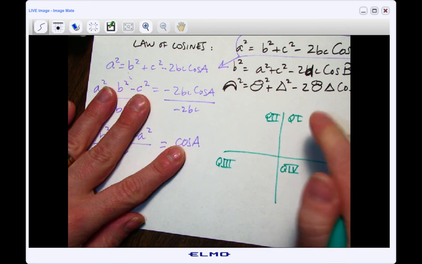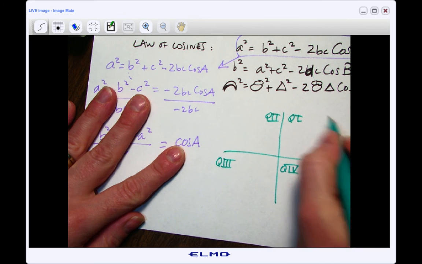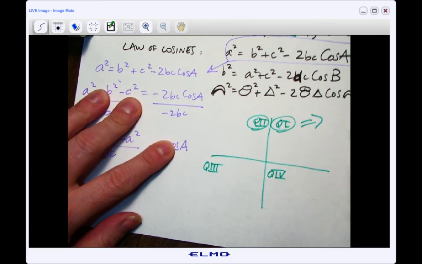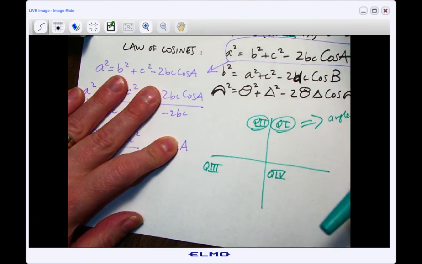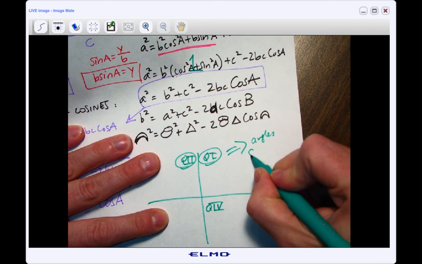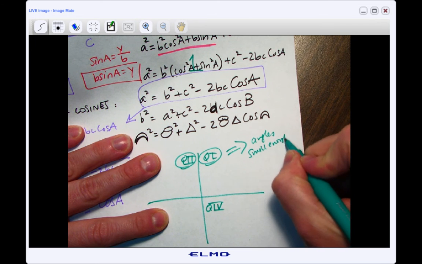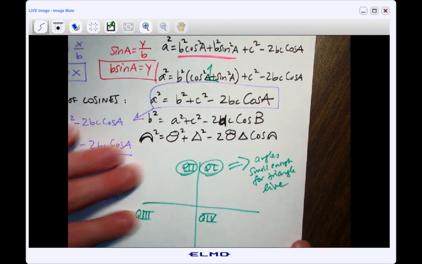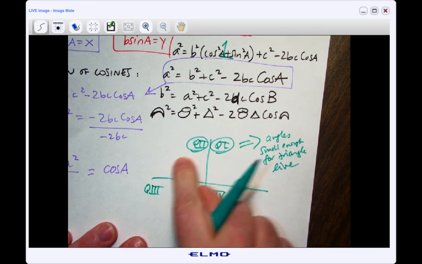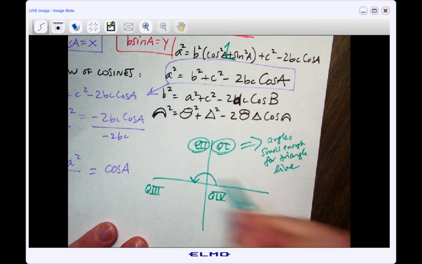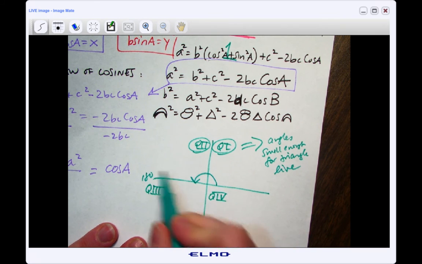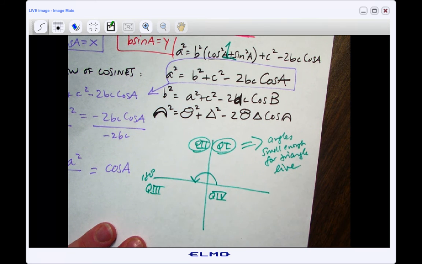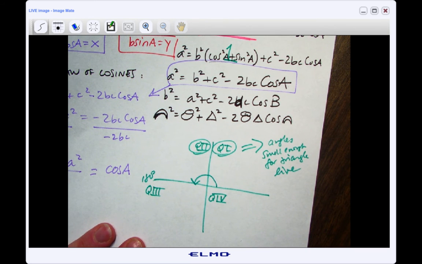We can only find that in quadrant 1 and 2, right? So this quadrant and this one is where angles small enough for a triangle live. Does that make sense to everybody? So these are the angles from 0 to 180, right? So that means that anything past here isn't going to fit in a triangle because you have to have angles smaller than 180 if they're going to fit in a triangle, right?